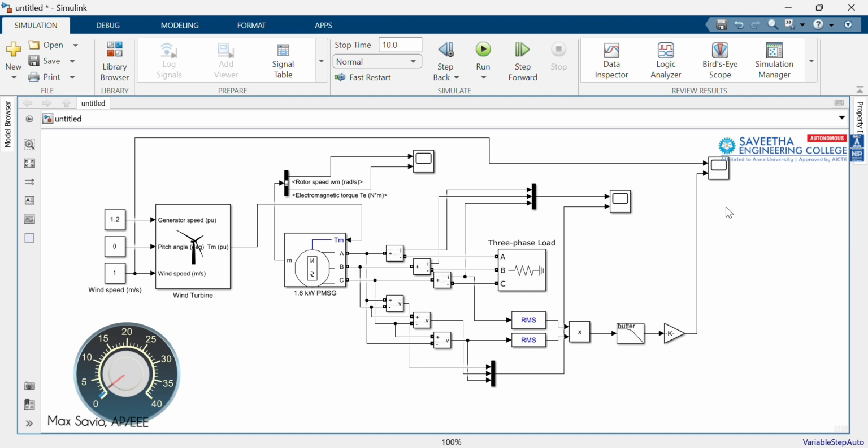Right. And also I will see the turbine characteristics. In order to study the turbine characteristics, I need to take two things. One is I need to compare the electromagnetic torque and the rotor speed, and also I need to measure the wind speed.